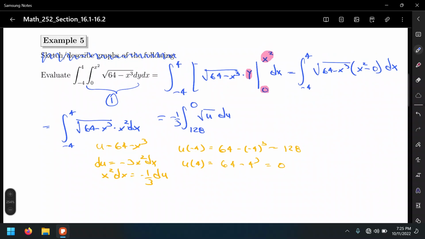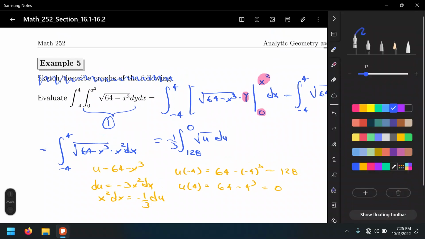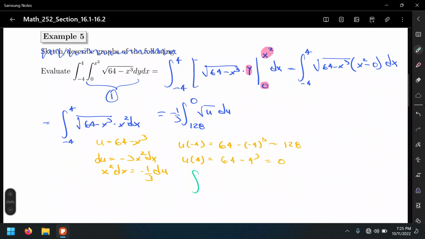However, if you don't feel comfortable with this order of the limits, you can use a property of integrals, the one that says that when you have the integral of f of x from a to b, you can reverse the limits of integration from b to a, provided you change the sign of the integral.